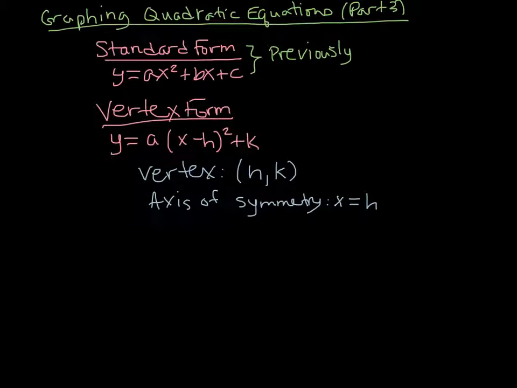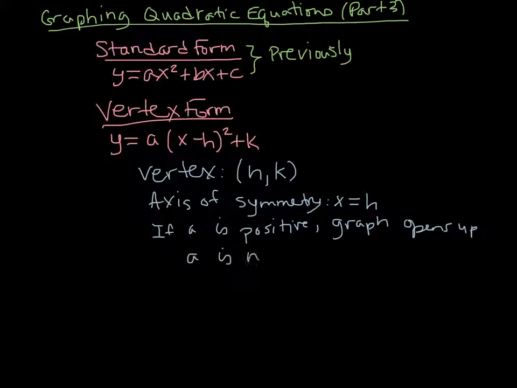The other nice thing about this is that, same as the previous thing, if your a is positive, the graph is going to open up. And if it's negative, it's going to open down. So there's a lot of things that we have in common with the previous section.